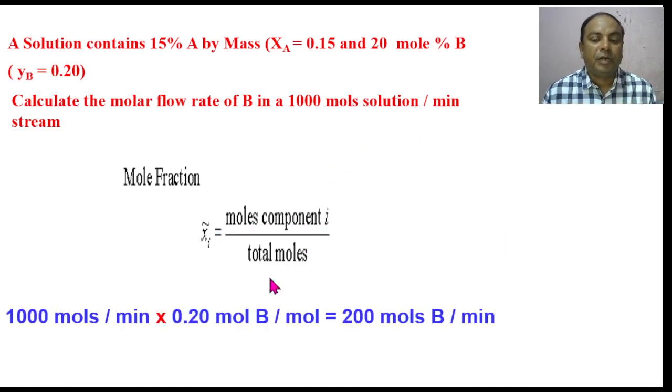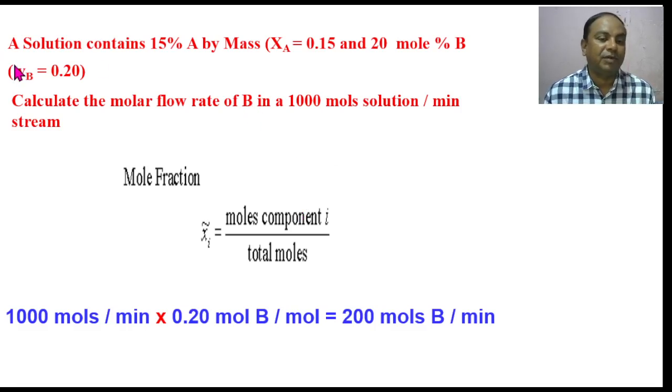So here total moles is 1000. We don't know the moles of B in the total moles of the solution. We just want to find this out in terms of moles.